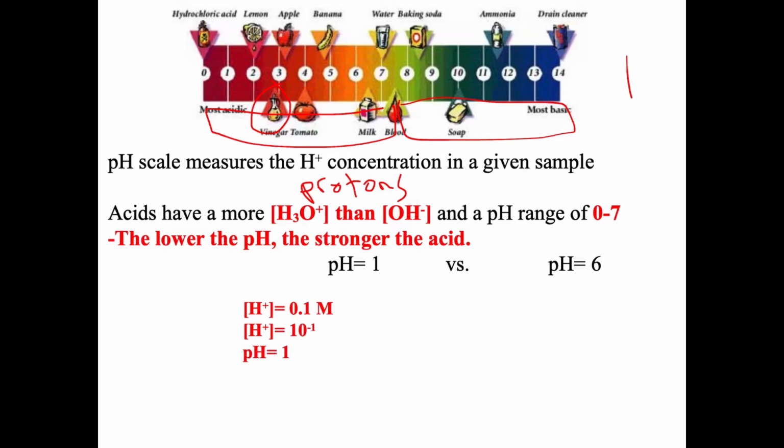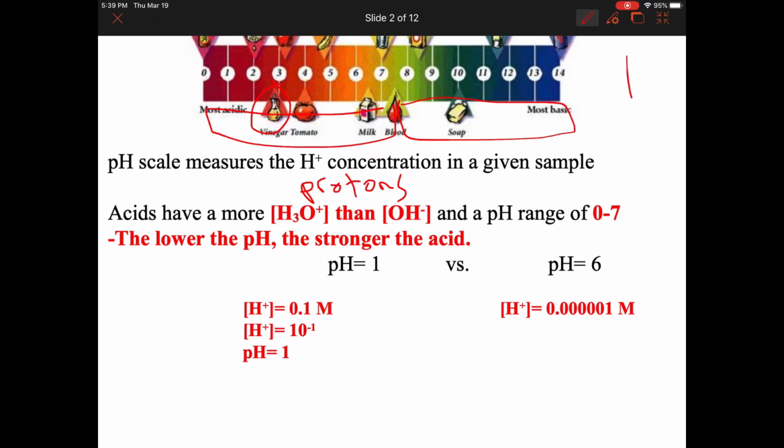So if 0.1 molar relates to a pH of 1, some of you guys would think, oh, 0.06 relates to a pH of 6. Not quite. If you notice, what did we change when we went from a pH of 1 to a pH of 6? Well, now we have all these zeros in the beginning. And if you count up, we actually have 1, 2, 3, 4, 5 zeros.